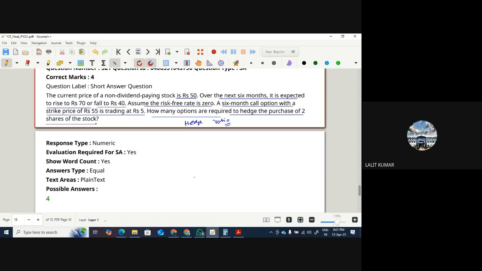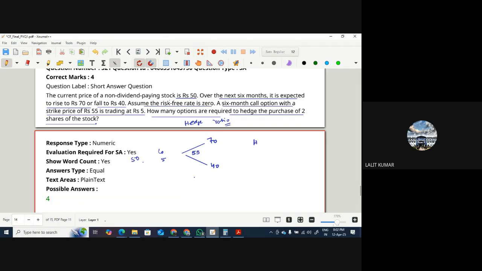How do we go about it? The current price is 50, expected to rise to 70 or fall to 40. The rate is 0, the strike price is 55, and your C is 5. How many options are required to hedge the purchase of 2 shares?